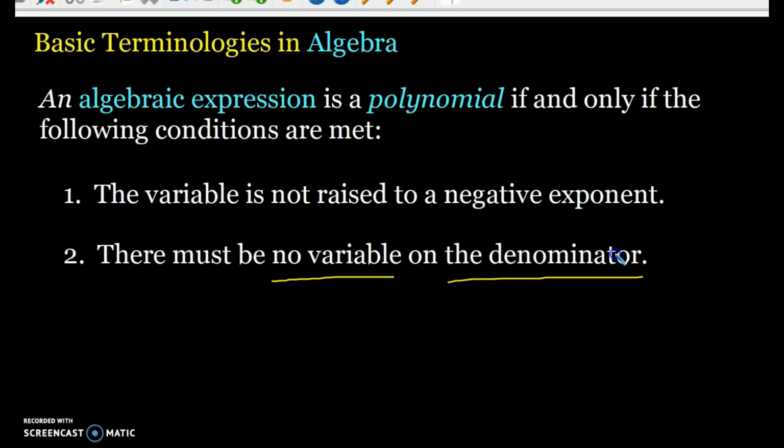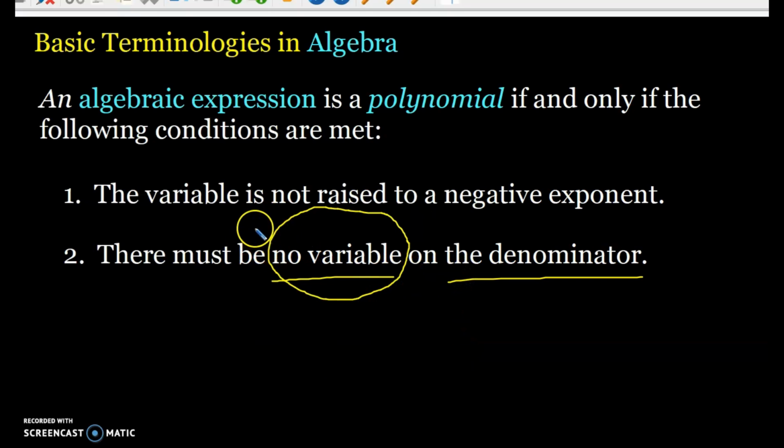On the denominator, dapat walang variable. So, mapapansin nyo, yung first and second rules ay concentrating on the variables. Again, the first rule, dapat walang negative exponent ang variable. Okay, no negative. Second one, walang variable sa denominator.